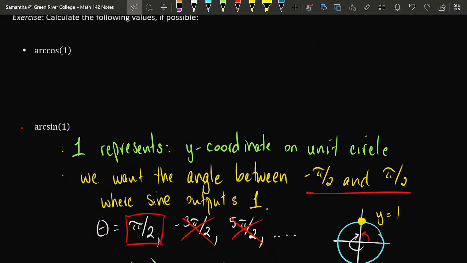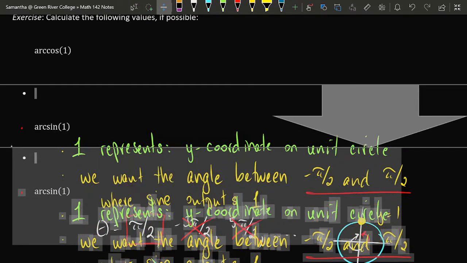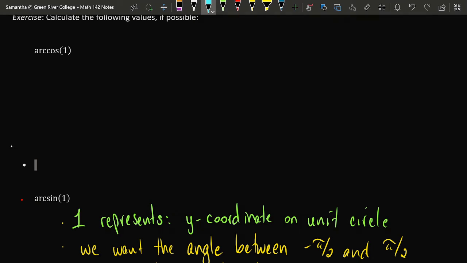Someone asks me to evaluate arccosine with 1 plugged in. So in this problem, the input of 1 represents the x-coordinate on the unit circle.